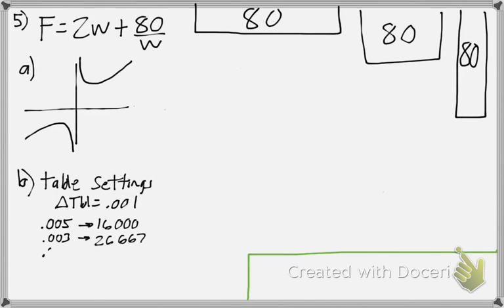If I plug in 0.001, then I'm all the way up to 80,000. And you'll notice that as my number gets smaller and smaller, or closer and closer to 0, the y value, or in this case the f value, is getting higher and higher. So we need to say something like that here.